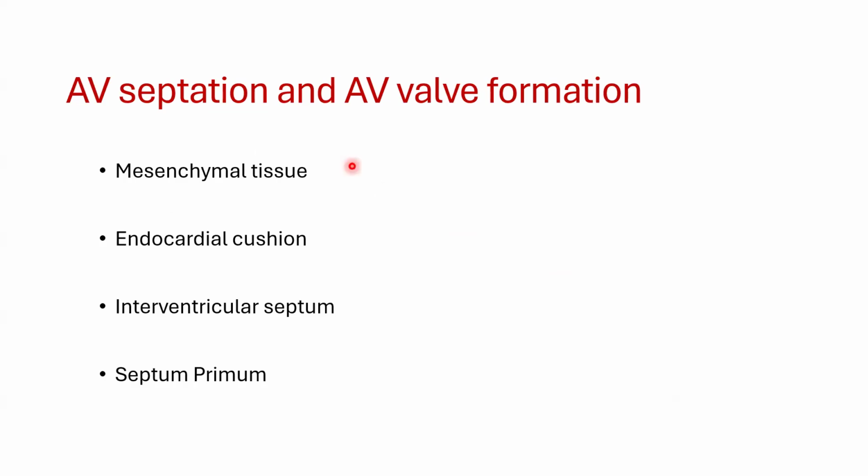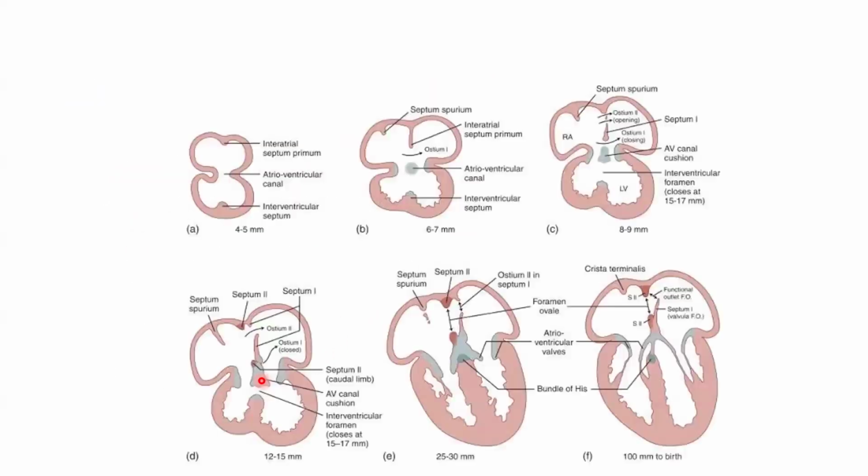So I've spoken a bit about this already, the AV septation and AV valve formation. And the components are the mesenchymal tissue on the lateral sides of the tissue, the endocardial cushion, the interventricular septum, and the septum primum. So I'll go back to this. And so we start from here, and I talk about the lateral invagination of mesenchymal tissue going towards the endocardial cushion.